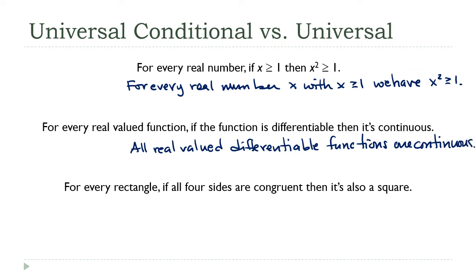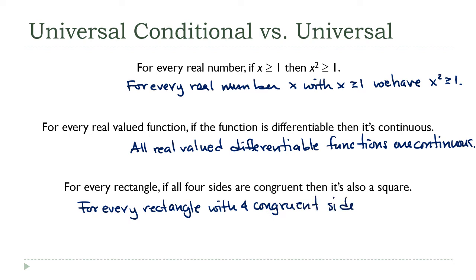And finally, for the third one: for every rectangle with 4 congruent sides, the rectangle is a square. Or the rectangle, let's say, is also a square.